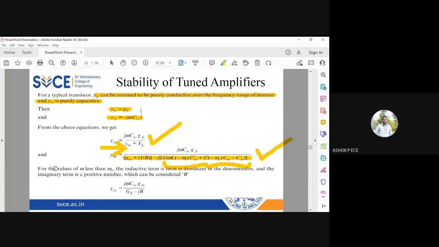When the frequency of operation is less than omega_0, this inductive term is dominant in the denominator and the imaginary term becomes a positive number.